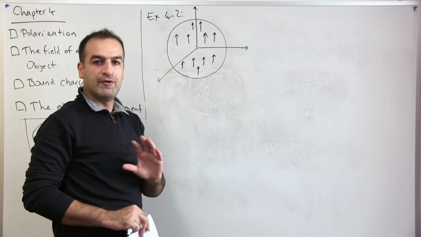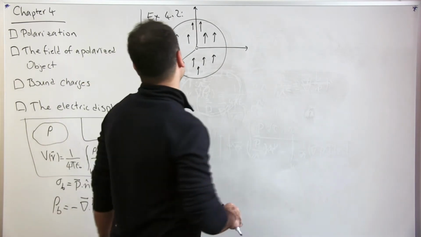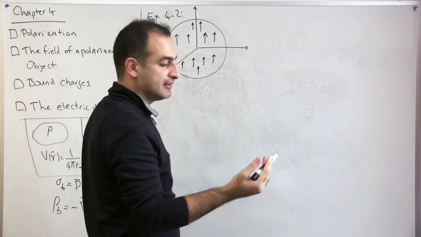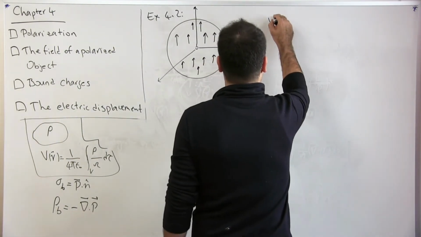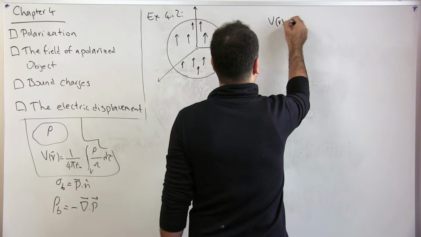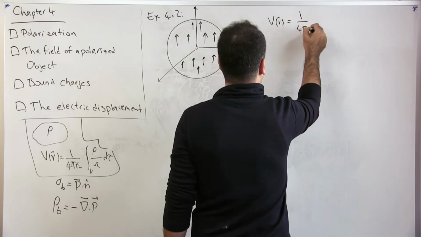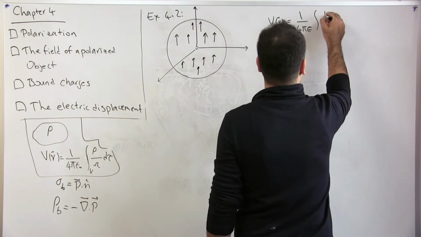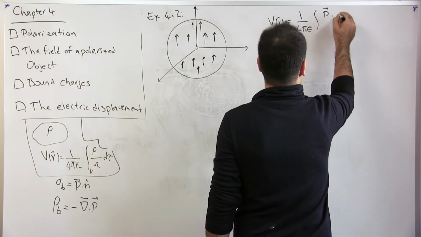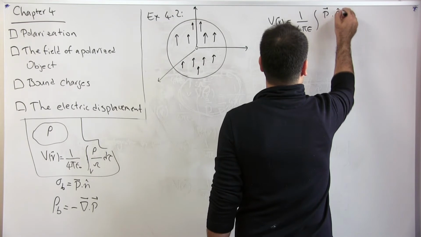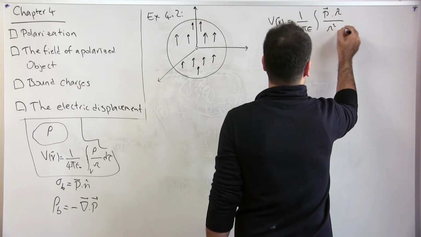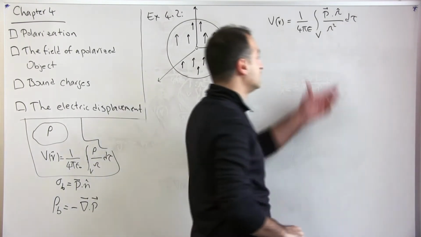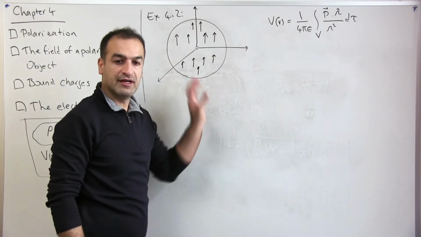Again, one way is we make the assumption that this material is made of many, many little dipoles. We can integrate the electric potential of the dipoles, which is 1 over 4 pi epsilon 0, and then we do P, the polarization, dot r hat over r squared, d tau prime, and this integral runs over the volume V of the sphere.